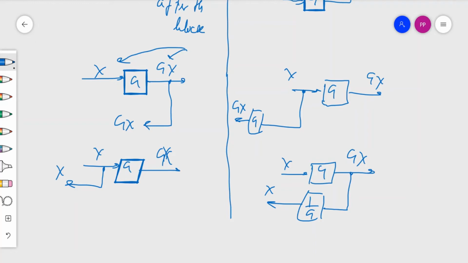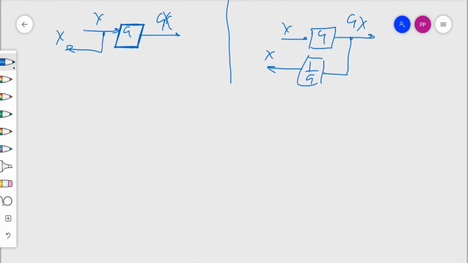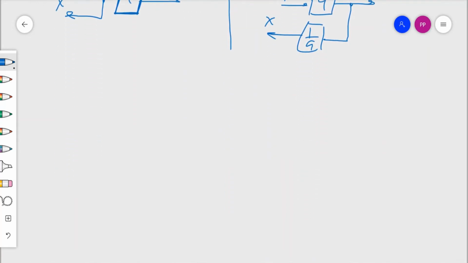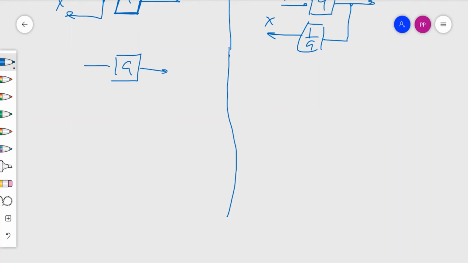Another two concepts we will explore. The first is the positive feedback closed loop path.